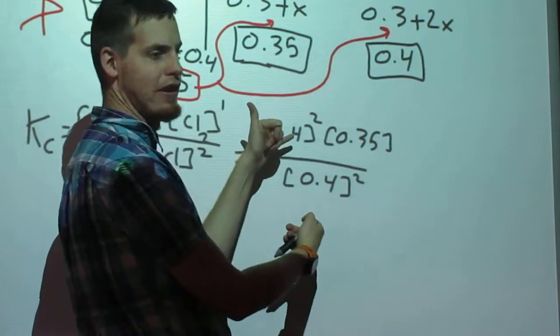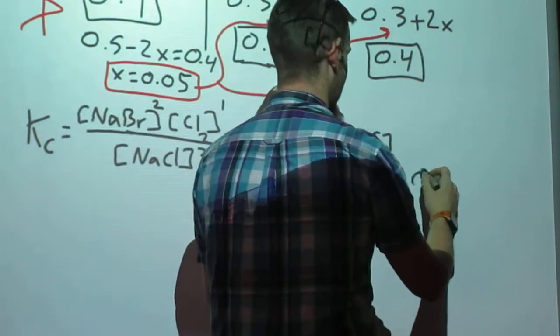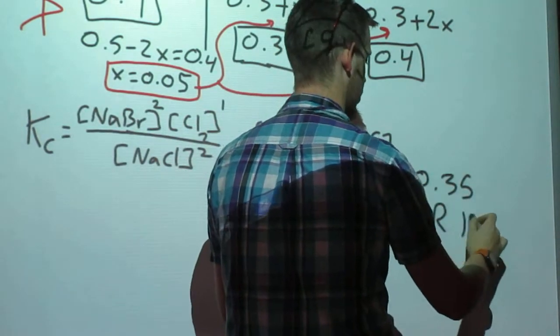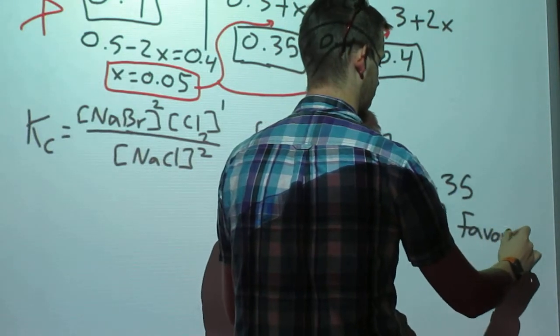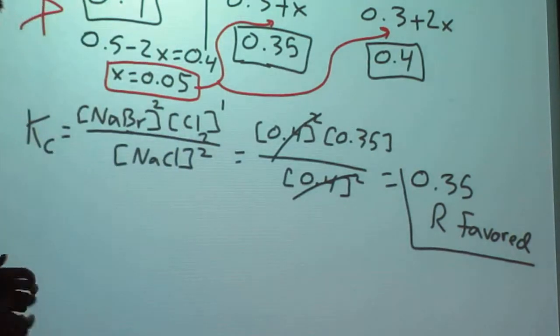Yeah, these cancel. I didn't even have to do that. Why did I do that? 0.35. The reactants are going to be favored in this case. And that's how you would solve a problem for x.